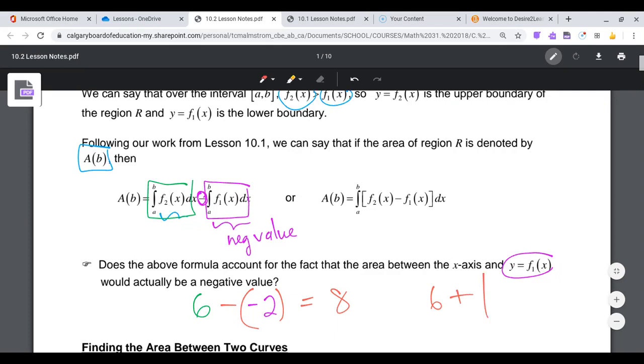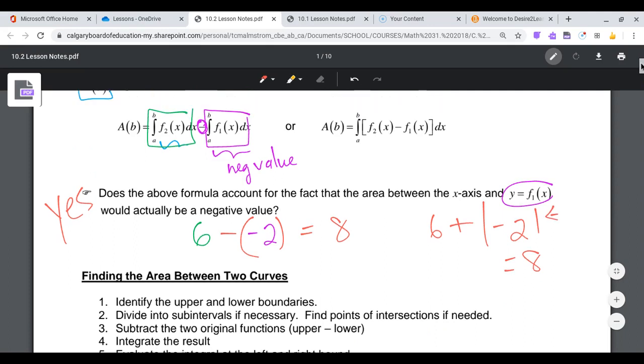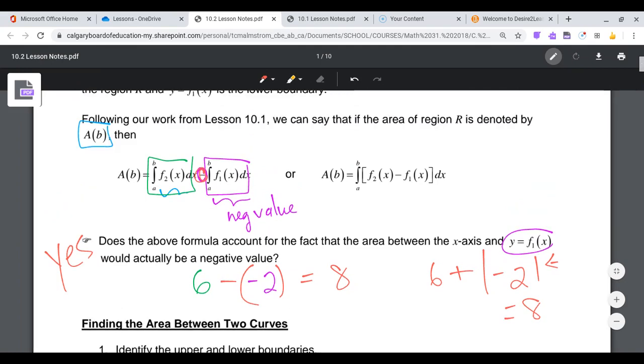So if I have to do that, I have to do the absolute value of that number in order to get my positive value. So my formula makes it so that I don't have to deal with this absolute value anymore because it gives me this subtract. Okay, so yes, it does allow for me to not have to worry about who's above and below.